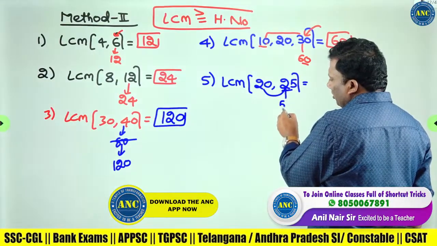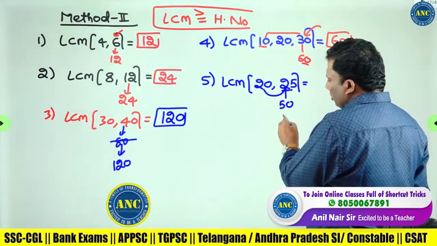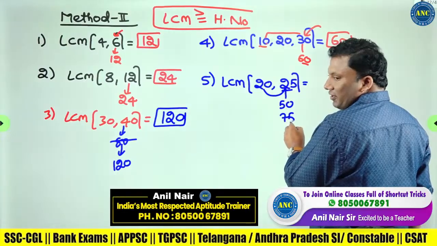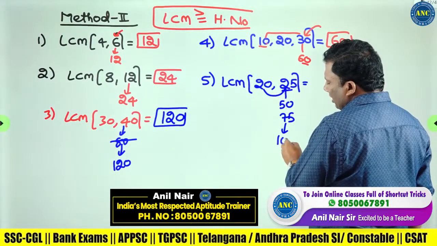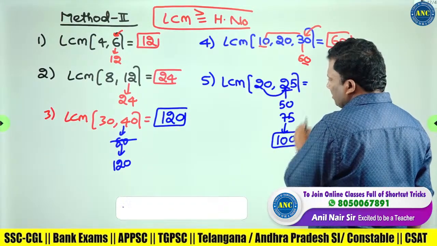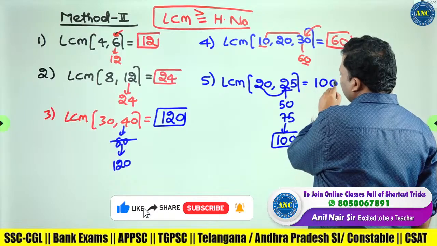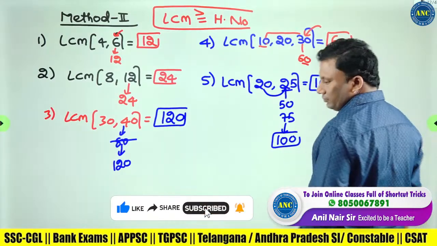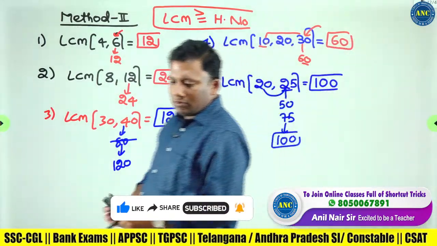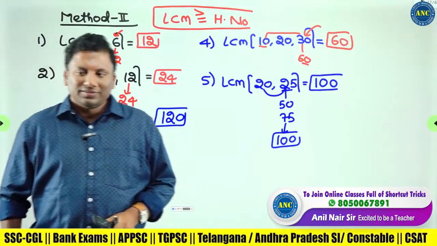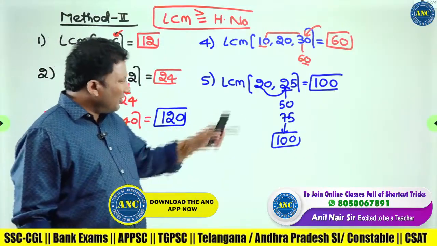Next, 25 2s are 50. 25 3s are 75. 25 4s are 100. 100 is divisible by 20. Answer is 100. So the multiples can hold the answer anywhere.